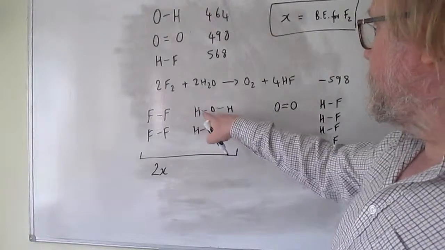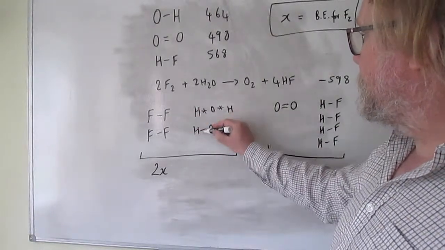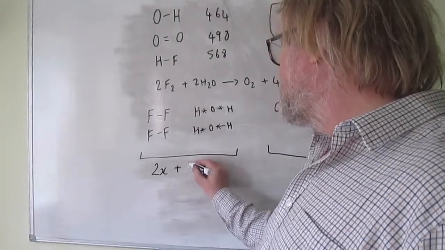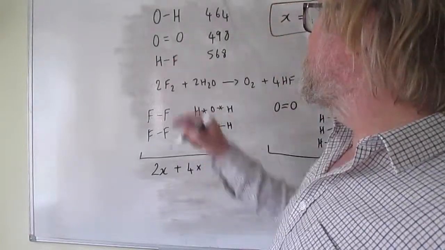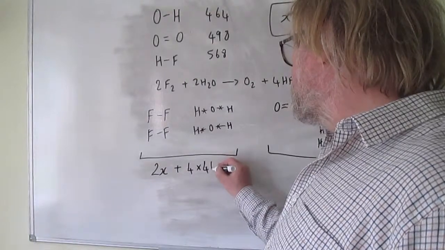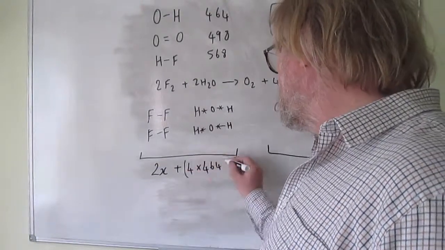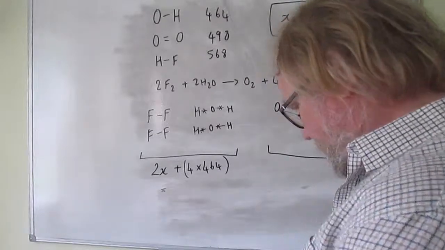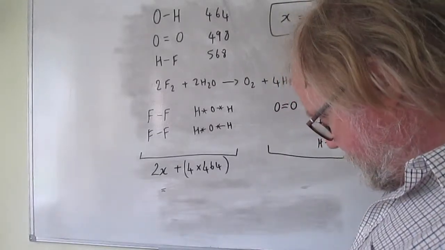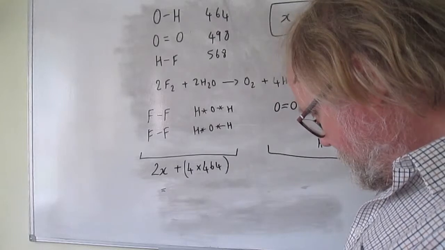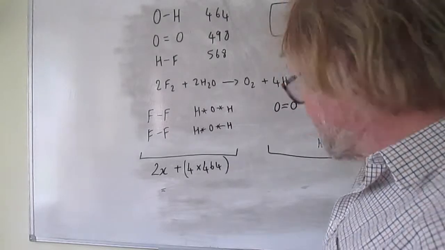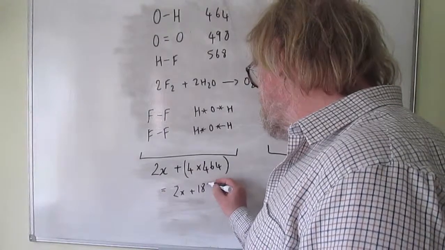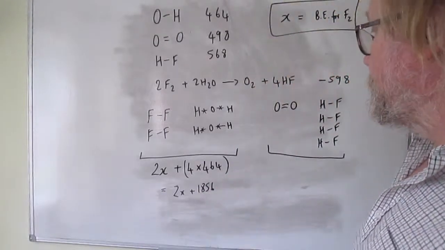And we're breaking 1, 2, 3, 4 OH bonds. So 2x plus 4 lots of OH, so 4 times 464 gives us the number on that side, and that works out to be 1856. So 2x plus 1856 is the total bond enthalpy on that side.